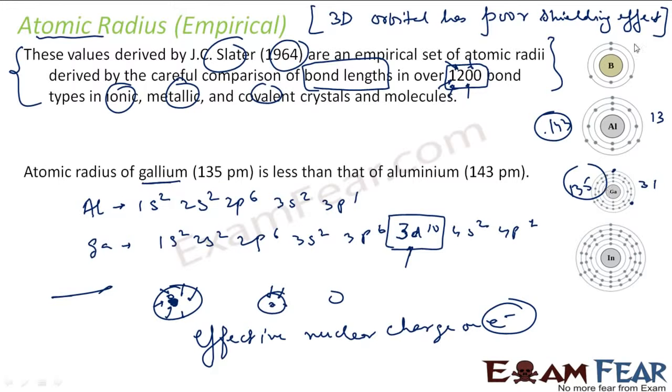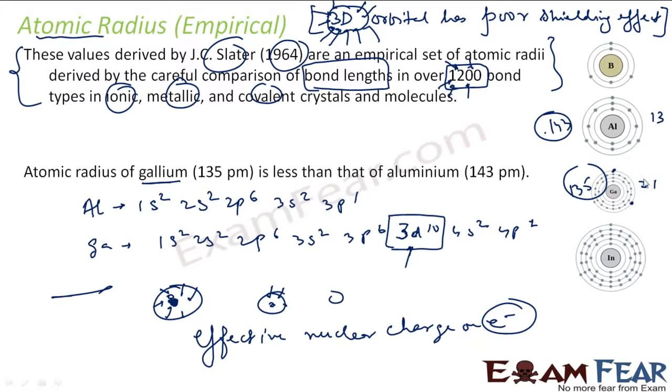As I told, the moment you go down the group, the nuclear charge increases, but still the atomic size increases. Why? Because the number of shells is more and these shells provide a shielding effect, and thus the size also increases. But the 3d10 provides a poor shielding effect, and that's why we have some deviation in the electronegativity also. We'll discuss this. Just remember that 3d orbitals, 3D is a very common word, we have three-dimensional movies also, provide a very poor shielding effect.